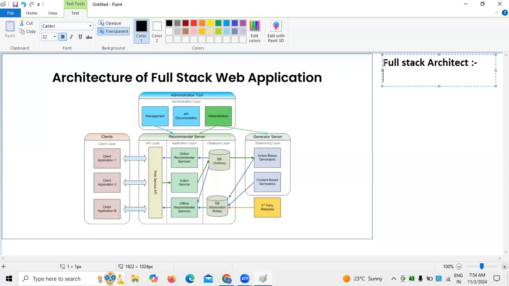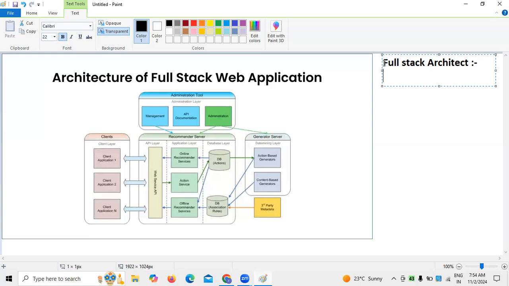Next, we need knowledge of product architecture, because we develop multiple products irrespective of the technology or domain, so we should understand product architecture. At the same time, we lead the designs of the products we are developing end to end, whether relating to banking, insurance, healthcare, or any other domain.